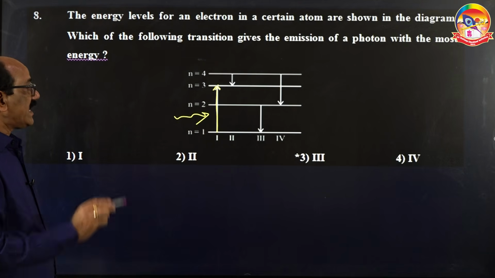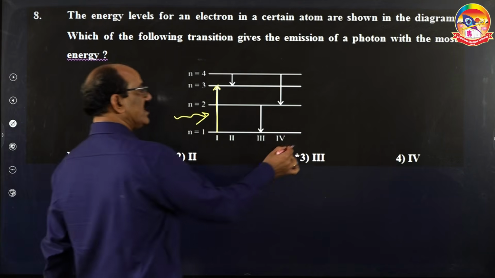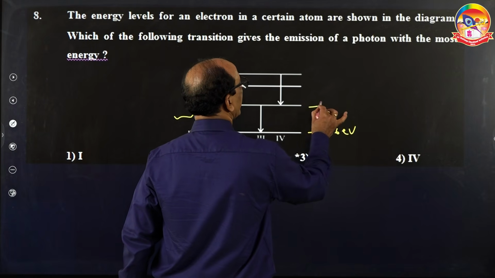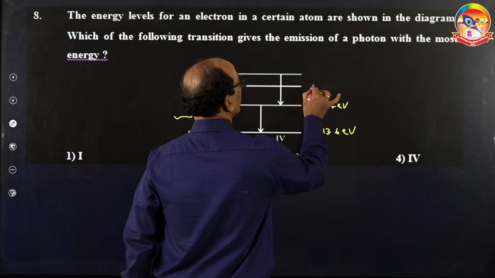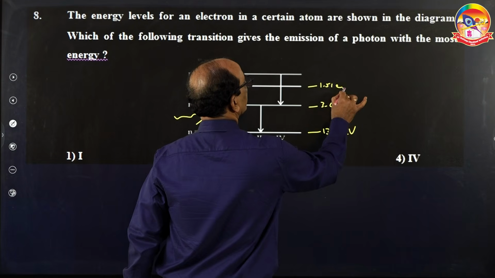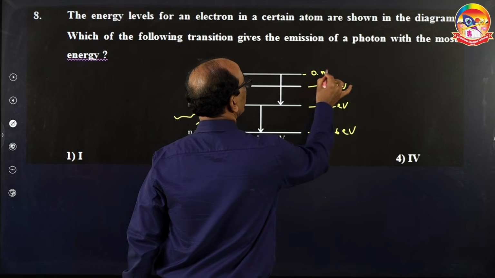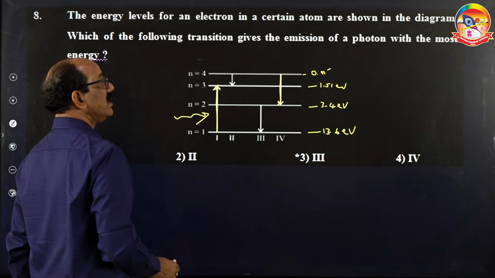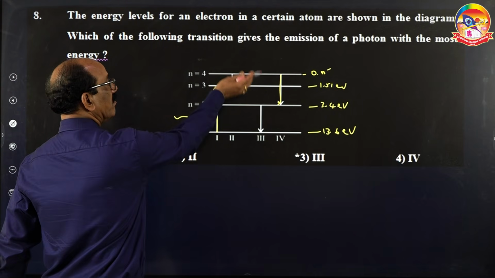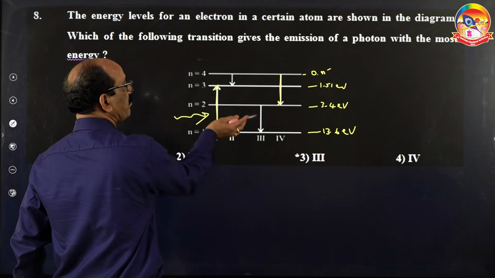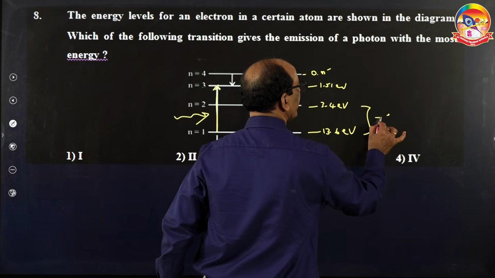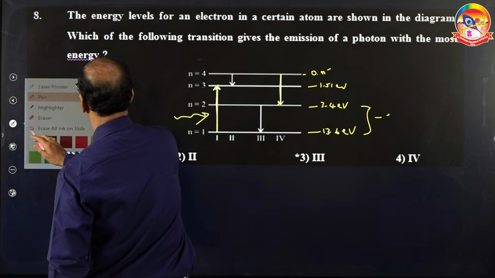But in this case, as we learned, if it is a hydrogen atom, it is minus 13.6, minus 3.4 electron volt, minus 1.51 electron volt, minus 0.85 electron volt. If you see the difference between these two, they are somewhat closely spaced compared to this. This is 10.2 electron volt. The difference is 10.2 electron volt.